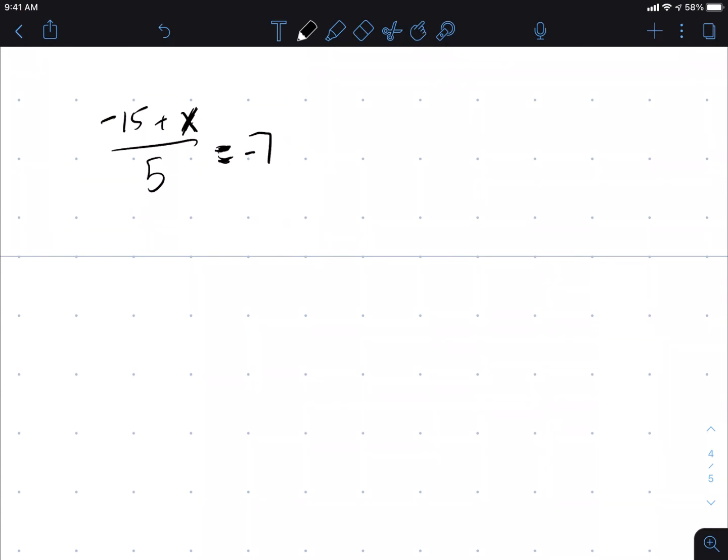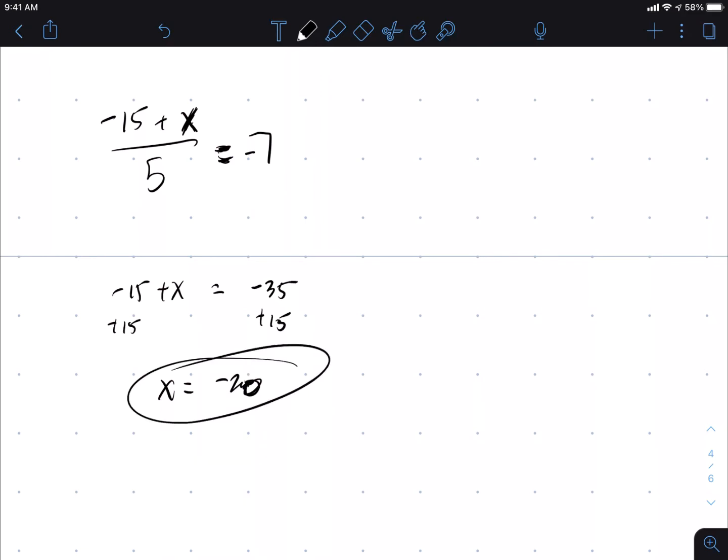Yeah. Okay, so I got -20, right? So we're going to go -15 plus x is equal to -35, right? Because I had to multiply by 5. And then adding 15 and adding 15, I get x is equal to -20. Make sense? Yeah. And there, obviously, I didn't show all the steps, but I wanted you to see that once you get comfortable with it, you start seeing the pattern, okay?